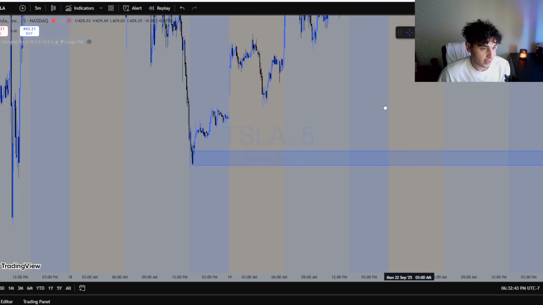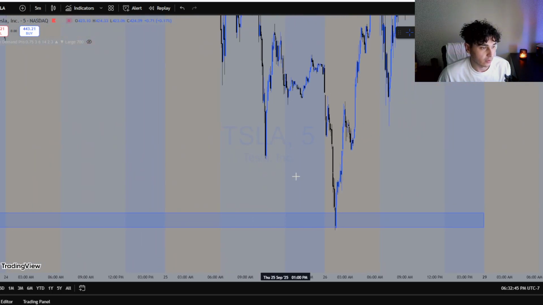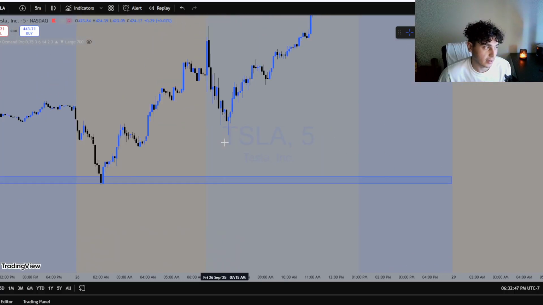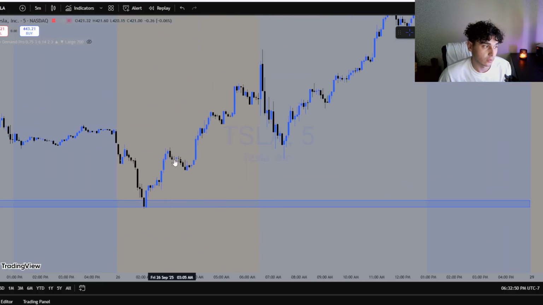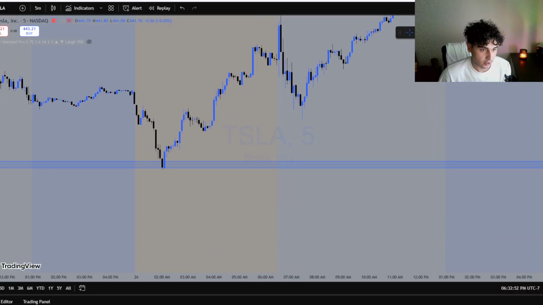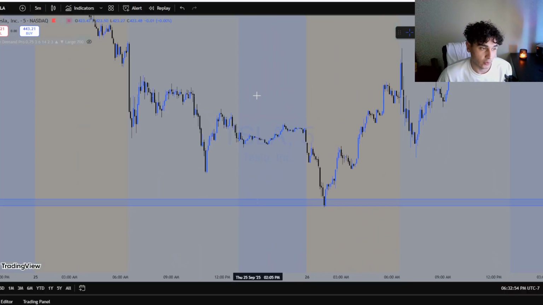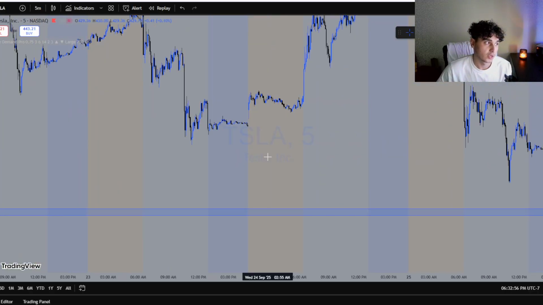So we created our demand zone, extended it out, waited for price to then tap into it, and we got a beautiful rejection to the upside. So boom, that's going to be one example of a demand. Let's go ahead and do one more.